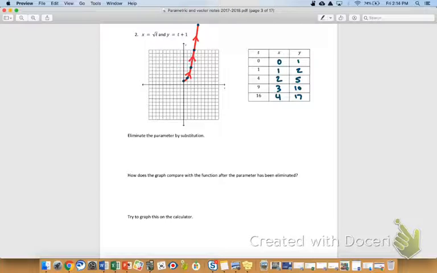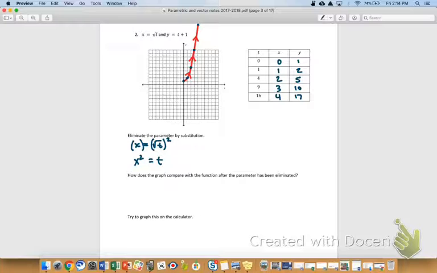How about Logan? So did you guys include the little arrows indicating that it's kind of going up and right? That was the direction that this particle, if it were a particle, is going. Eliminating the parameter here is kind of interesting. You can actually do this pretty quick. If I took x equals root t and I squared both sides, I would get x squared is equal to t.